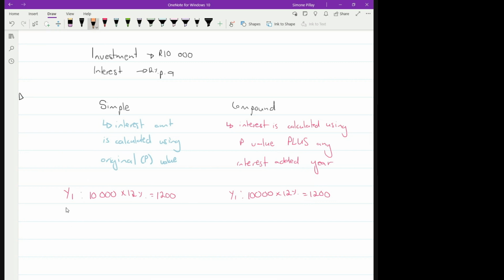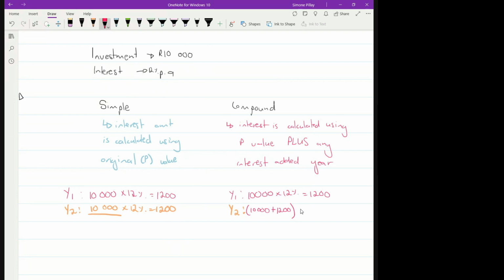And let me use orange. In year two, your simple interest is always calculated using this original P value. So in year two, your simple interest is going to be 1,200 Rand again. But for your compound interest, remember, we're going to take our P value, which is the 10,000 Rand, plus any interest that we've earned already.